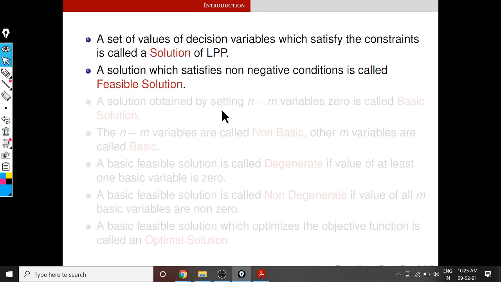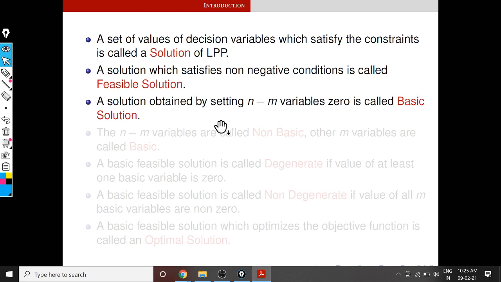So solution, feasible solution. Next one: a solution obtained by setting n minus m variables to 0 is called a basic solution. What is a basic solution? Because we have an m by n system. For example, 2x1 plus 3x2 minus 5x3 equal to 6, and suppose we have one more equation, x1 minus x2 equal to minus 5.